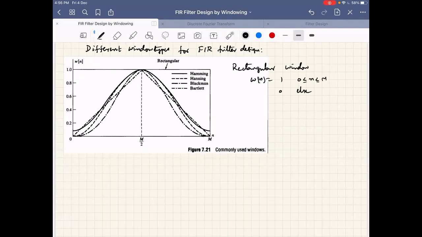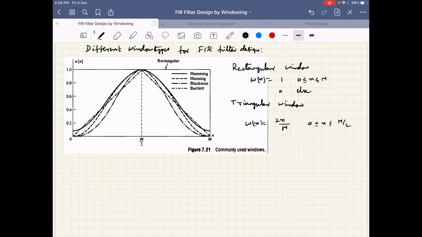We have the triangular window, which is defined as 2n by M for 0 less than or equal to n less than or equal to M by 2.